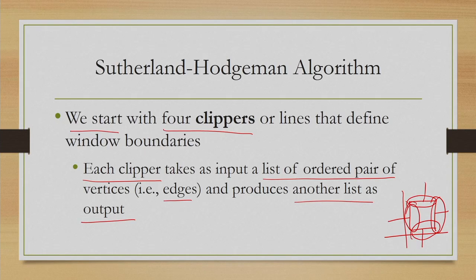That is the basic idea. So, there are 4 clippers, each clipper takes as input a list of ordered pair of vertices, where each pair of vertices represent an edge, and then it performs some operations to produce an output list of vertices.